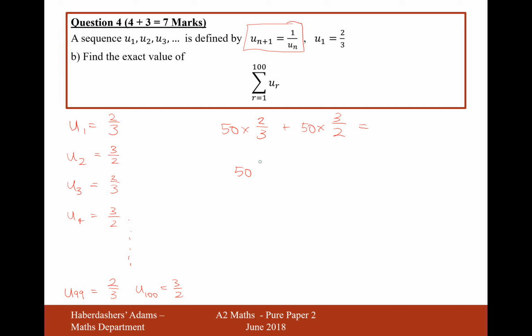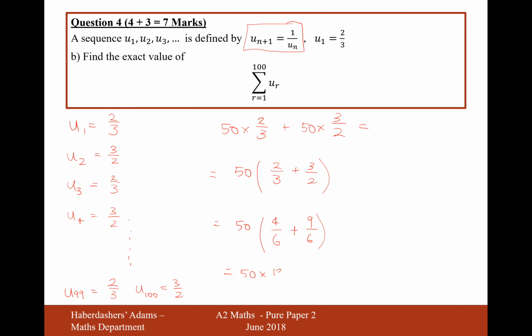If we factorise out the 50, it's just going to be 2/3 plus 3 over 2. Add those two together. We're going to have 4 over 6 plus 9 over 6. So that's 13 over 6 times 50.